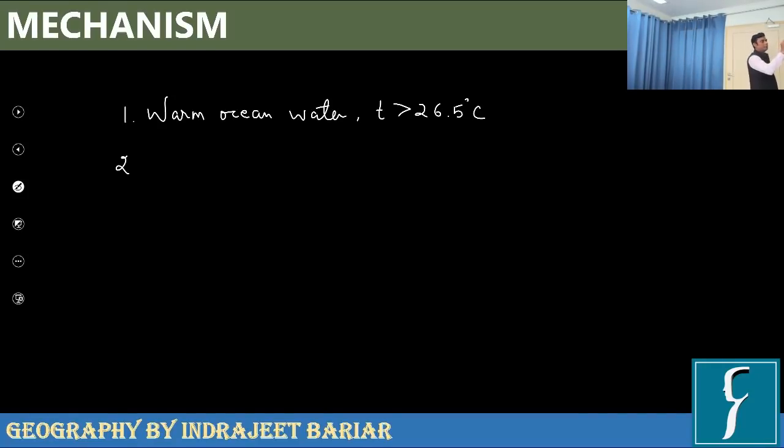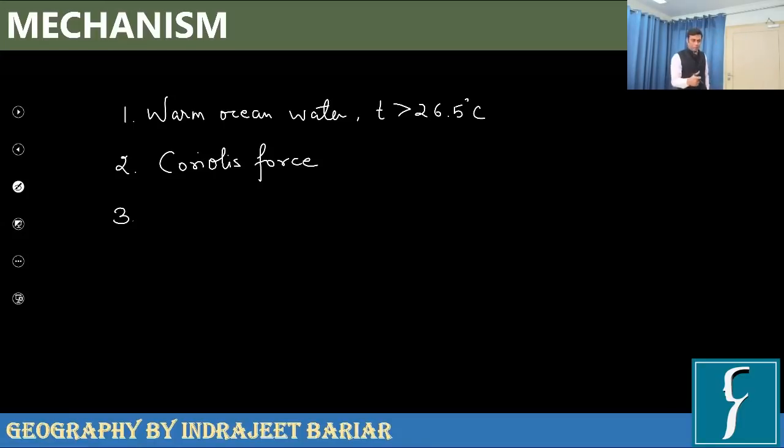Second, for the rotation, you will need Coriolis force. In addition to that, when we talk about condensation happening and cumulonimbus cloud formation happening, all of this is related to low pressure near the surface. You need a strong low pressure for this whole system to happen.